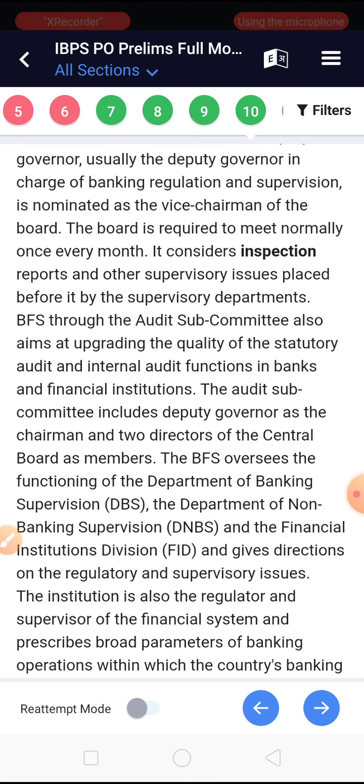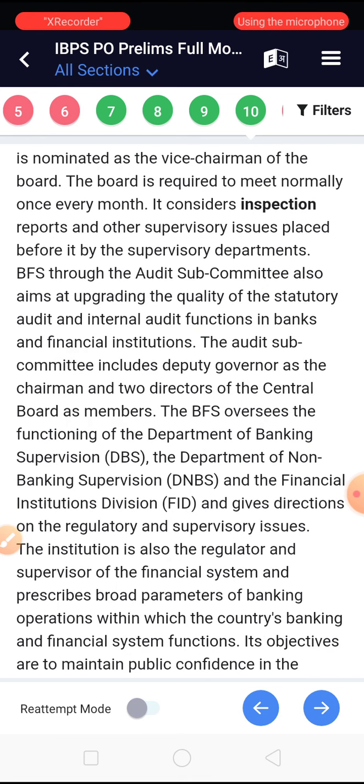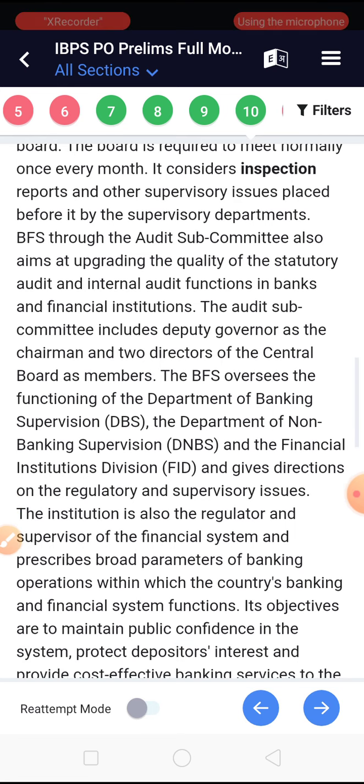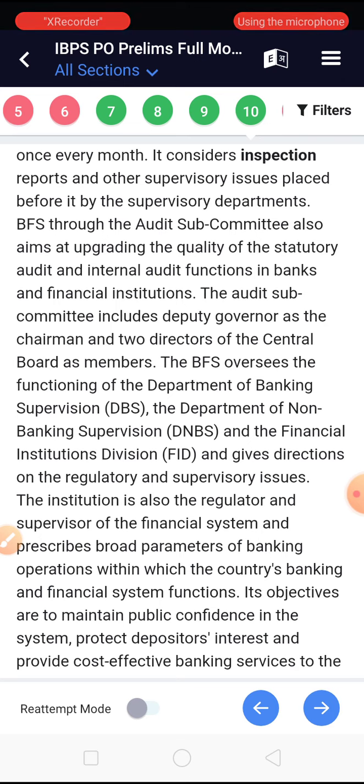The institute is also the regulator and supervisor of the financial system and prescribes broad parameters of banking operations within which the country's banking and financial system functions.